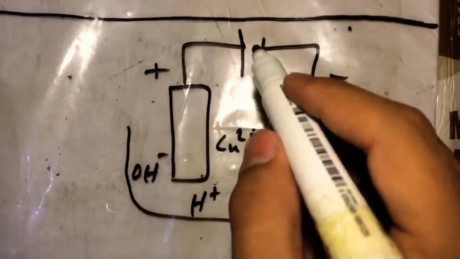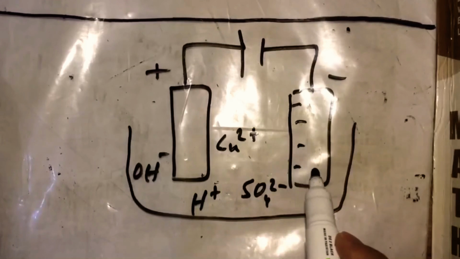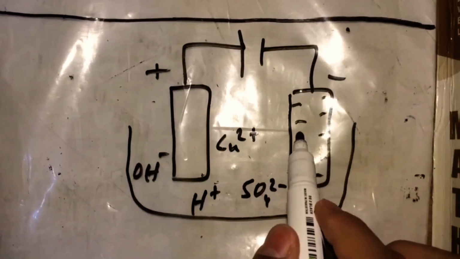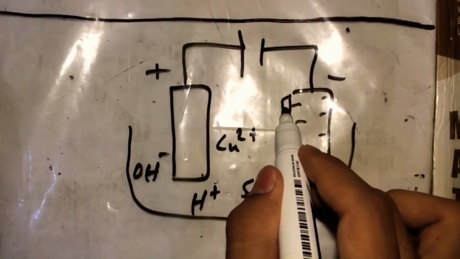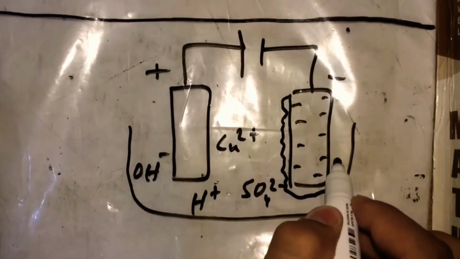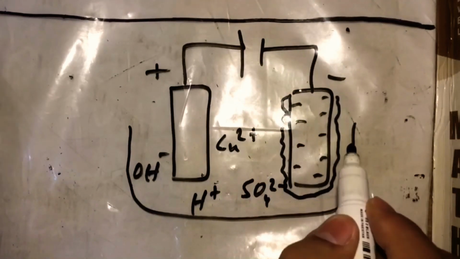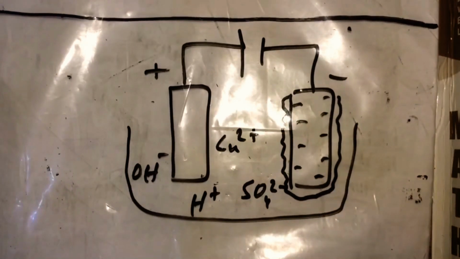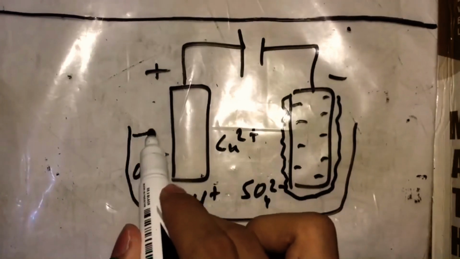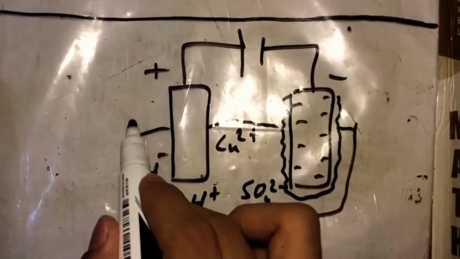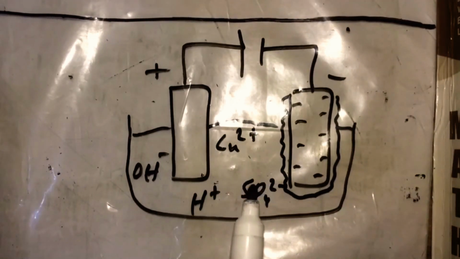Now over here, the battery pulls electrons from the anode, pushes them towards the cathode. Over here we have negative charges. These negative electrons are transferred to the copper ions. The copper ions therefore form copper atoms over here, and there is a mass formed. This mass is pink in color because copper in its pure form is pink. Now from the solution, copper ions are being reduced. That is why the solution, which was originally blue due to the color of the copper 2 plus ion, now gets decolorized.